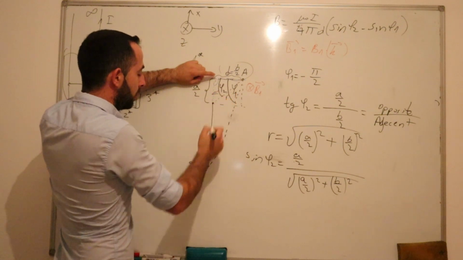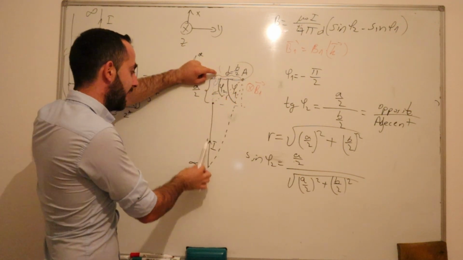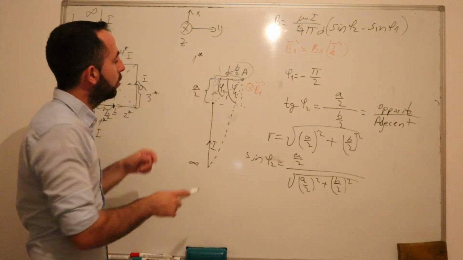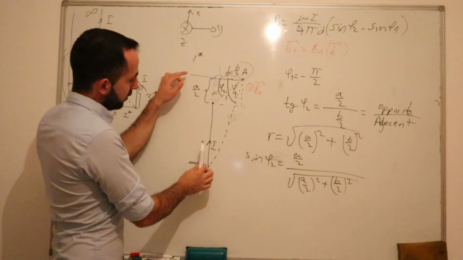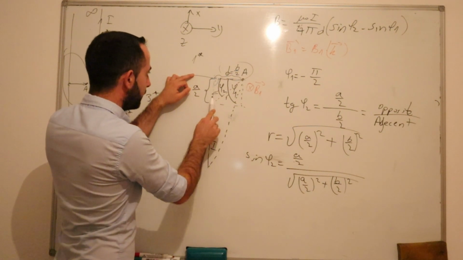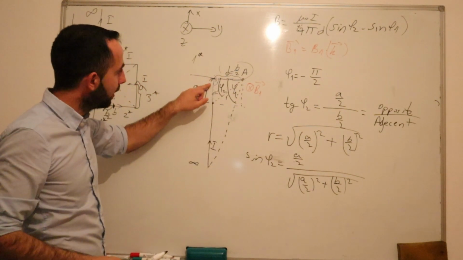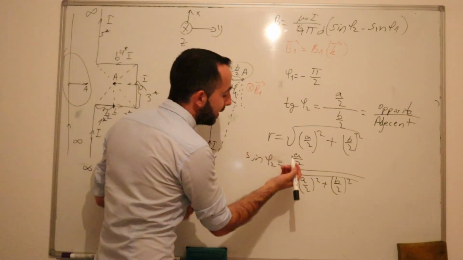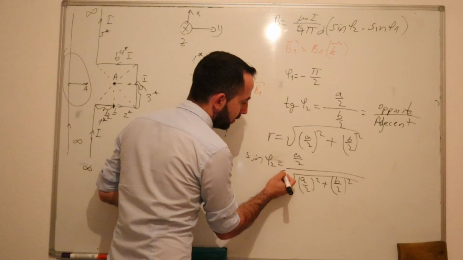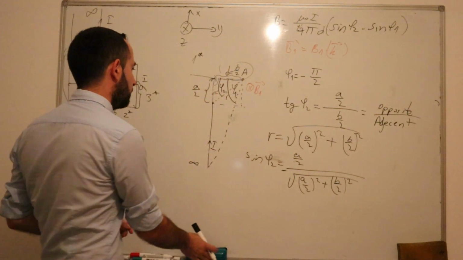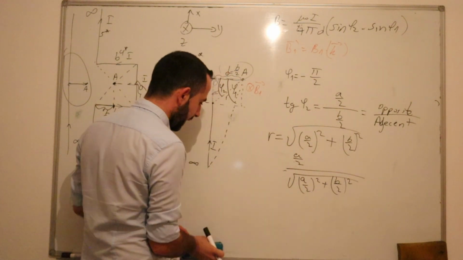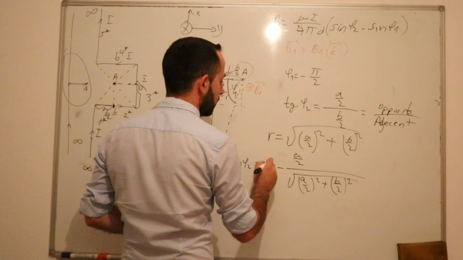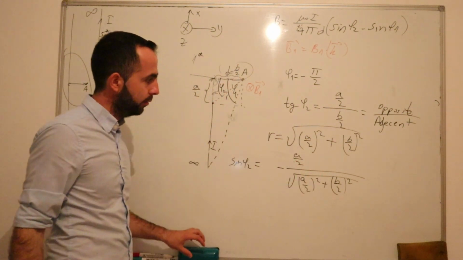Angle phi2 is here. Does the current come in or out of the normal of angle phi2? Its normal is here. So you can see that the current for this angle also, like for phi1, enters. So it is a minus. We must take a minus into consideration. So sine phi2 is a minus of this value.